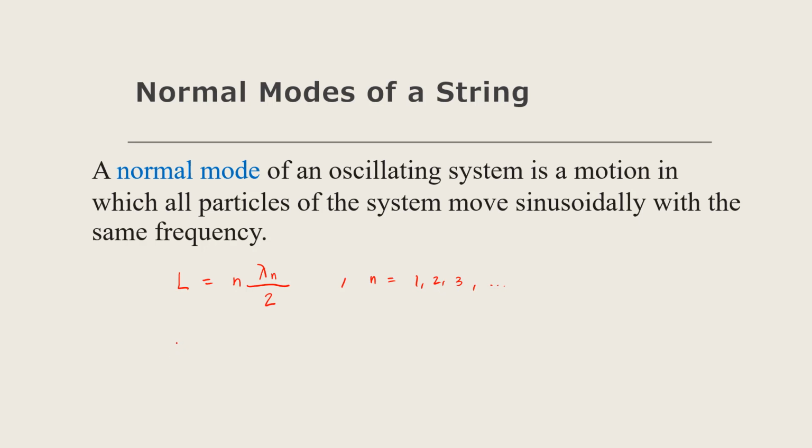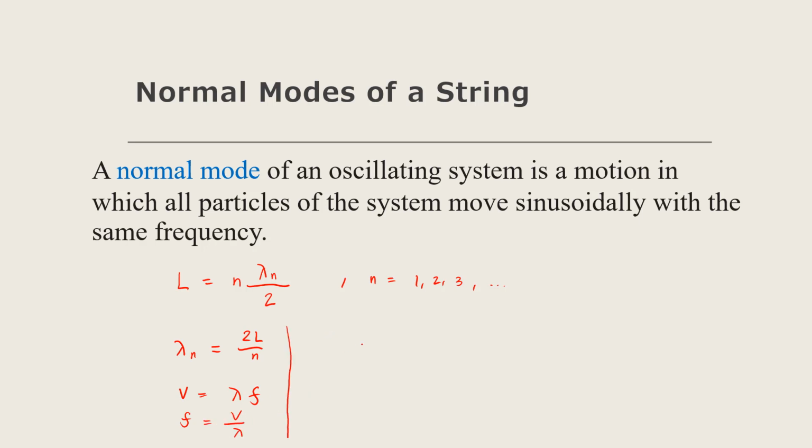From this equation, we can see that lambda sub n is equal to 2L over n. And the corresponding frequencies can be obtained by substituting our value of lambda. We have v equal to lambda times f, so the frequency is equal to v over lambda.